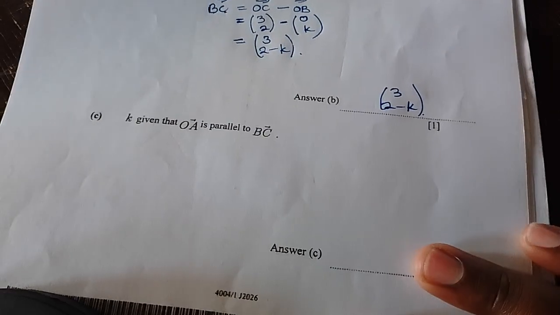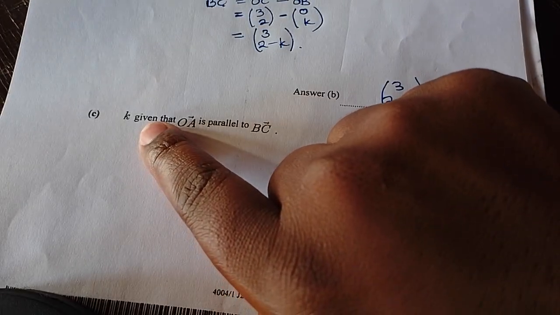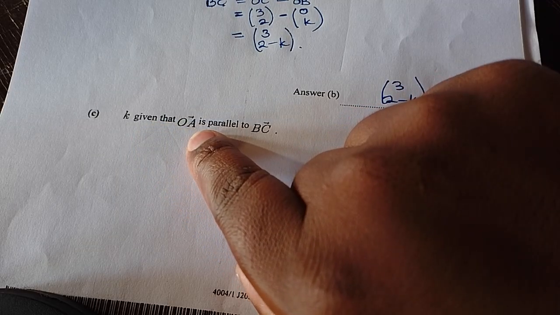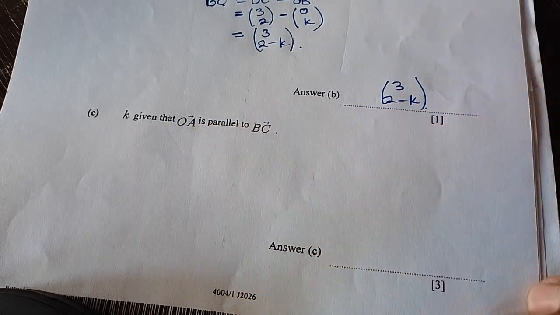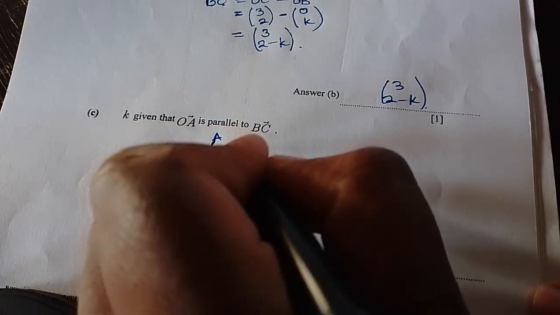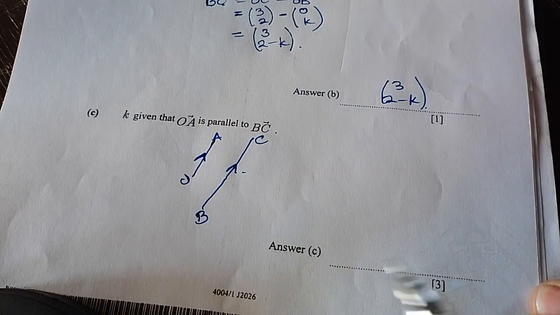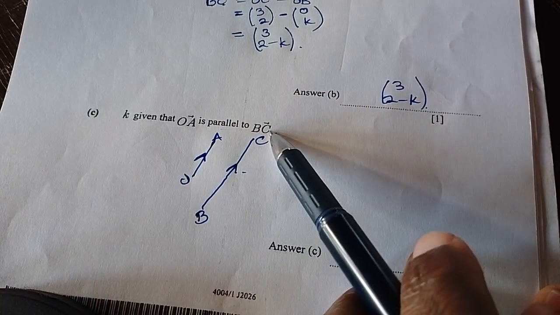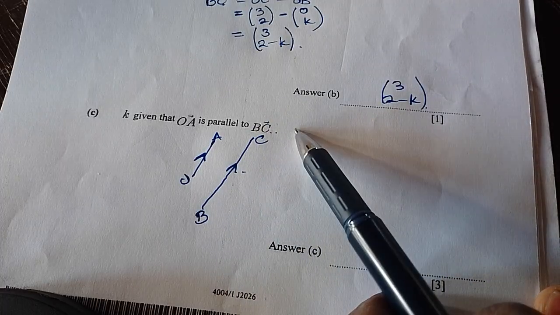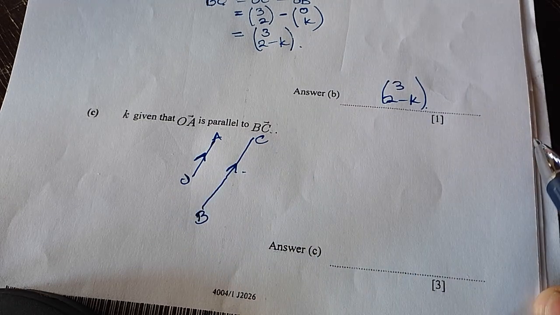Then the last part: find K, given that vector OA is parallel to BC. So if OA is parallel to BC, it means OA is equal to a scalar times this BC, or BC is equal to a scalar times OA, right?